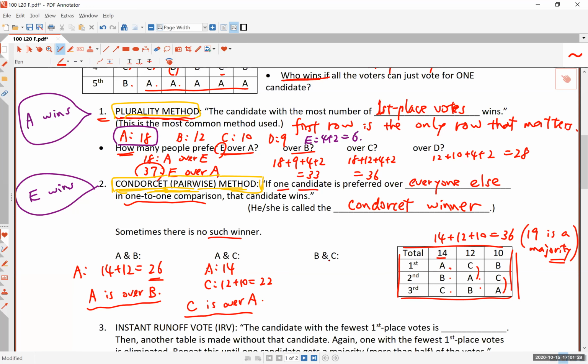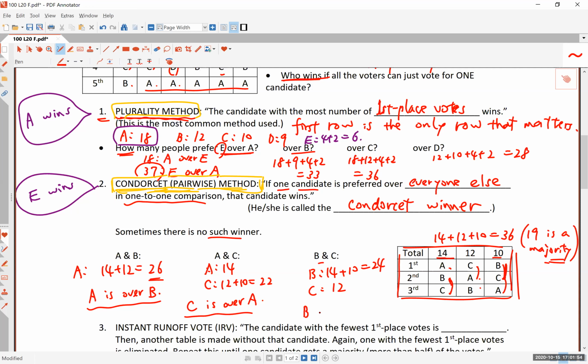But then when you compare B and C, what happens here? B is over C here, 14, and B is over C here too, right? So B beats C by these 14 votes and 10 votes. That's 24. That is a majority. And you can see C is only preferred over B by 12 people.